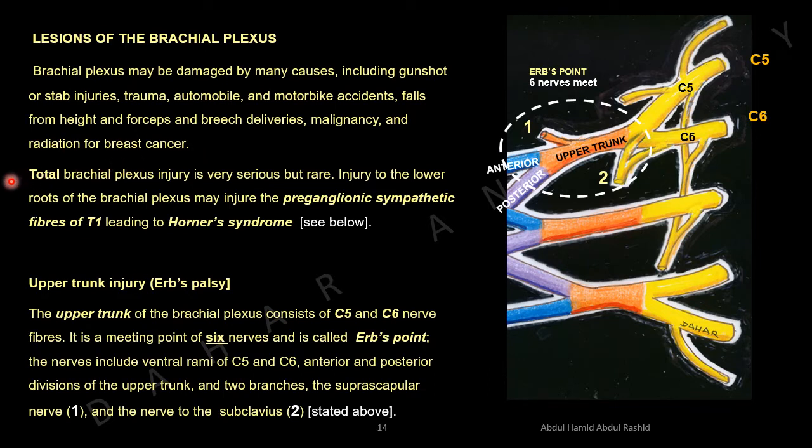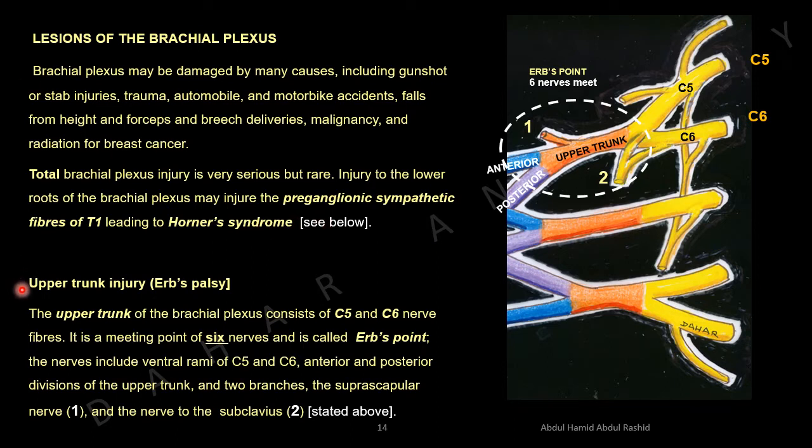Total brachial plexus injury is very serious but rare. Injury to the lower roots of the brachial plexus may injure the preganglionic sympathetic fibers of T1, the first thoracic nerve, leading to Horner's syndrome. See below.